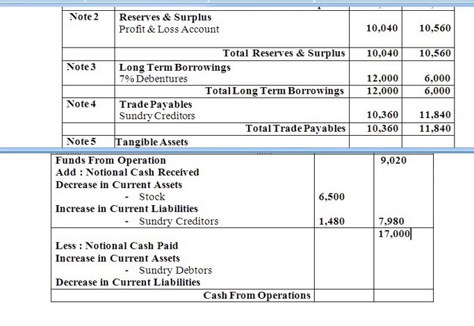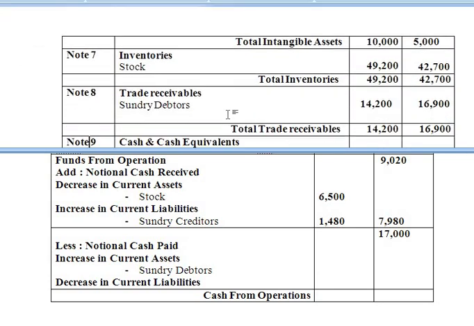Okay, from this 17,000 deduct notional cash paid, that is increase in current assets. Here there is increase in sundry debtors. Amount is, sundry debtors amount is here 14,200 minus 16,900, and there we have shown the calculation, so directly write the amount 2,700.